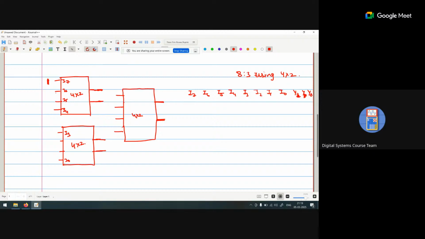In the case of I7, when I7 is 1, we can say these two are 1. Any doubt in this?